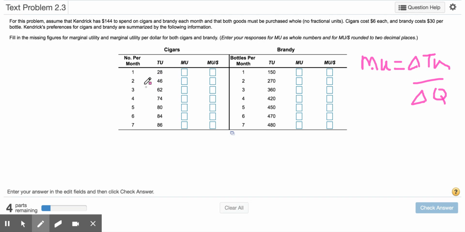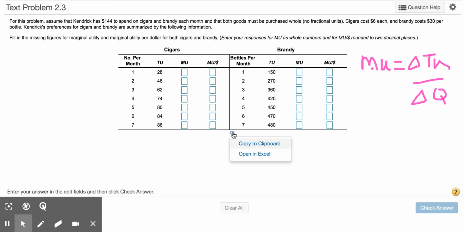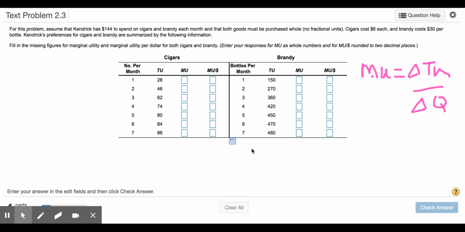For example, between 1 and 2, it's going to be 46 minus 28 divided by 2 minus 1. To fill in this information, we can utilize the Excel sheet here, which is faster. And we can do it very fast.